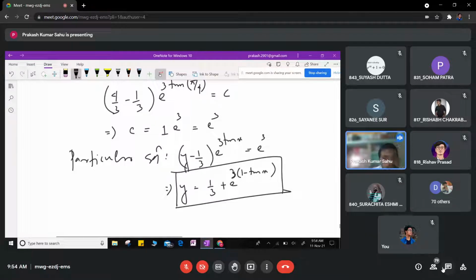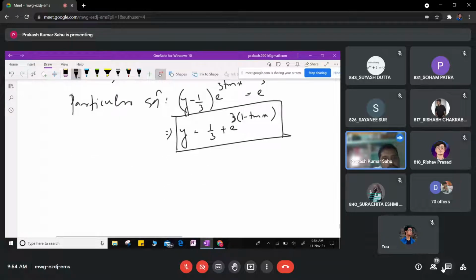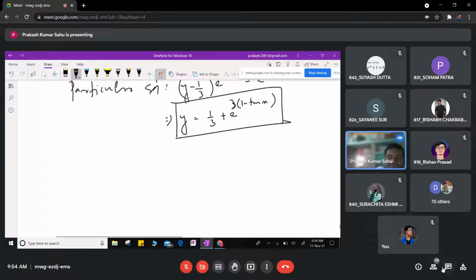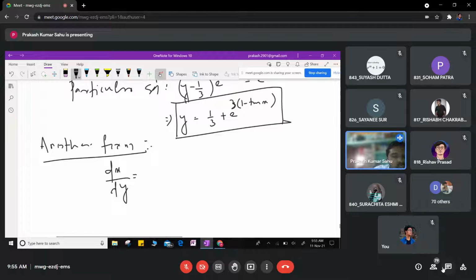Okay. So this is the linear differential equation, and sometimes in the question, sometimes what happen? Some questions are given which are not in linear form. That means another form of linear form you can write. Another form of a linear differential equation, that is dx by dy.